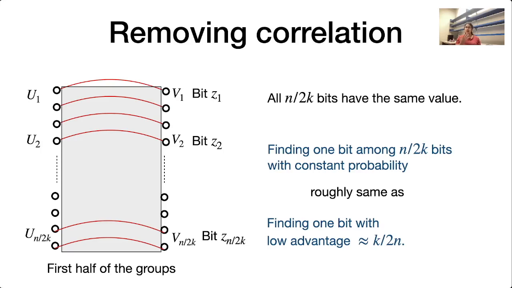So there is a way to formally translate this with a hybrid argument, which says that if you want a lower bound for finding one bit among any of these n over 2k bits with constant probability, it is just as hard as finding one specific bit with this very low advantage k over 2n. We're not going to go into details about this. What we're going to do now is just prove a lower bound for tracking one bit, which is just the bit z1, with this very low advantage of k over 2n.